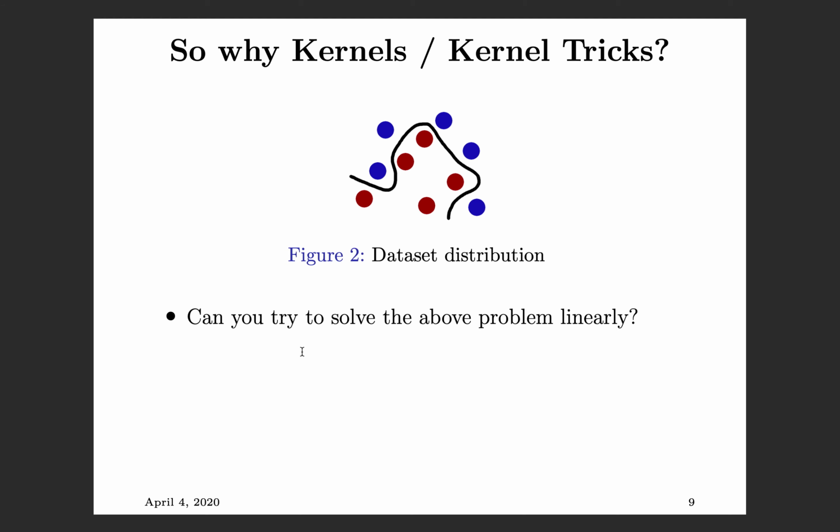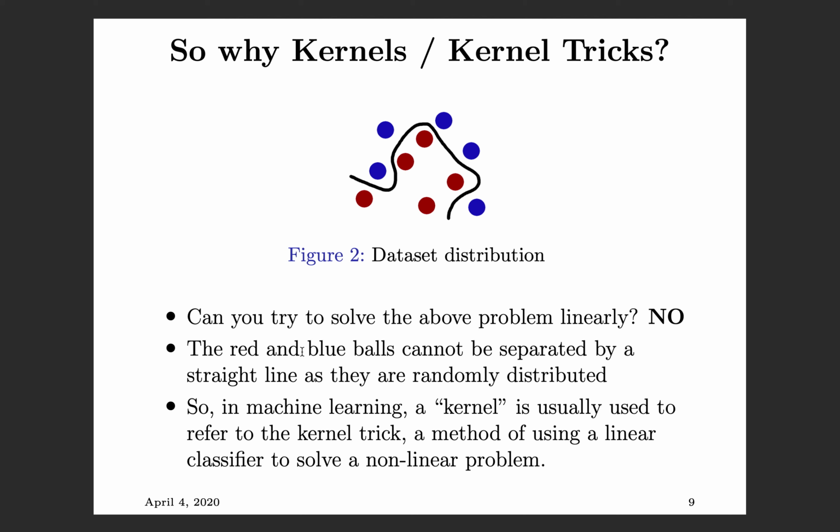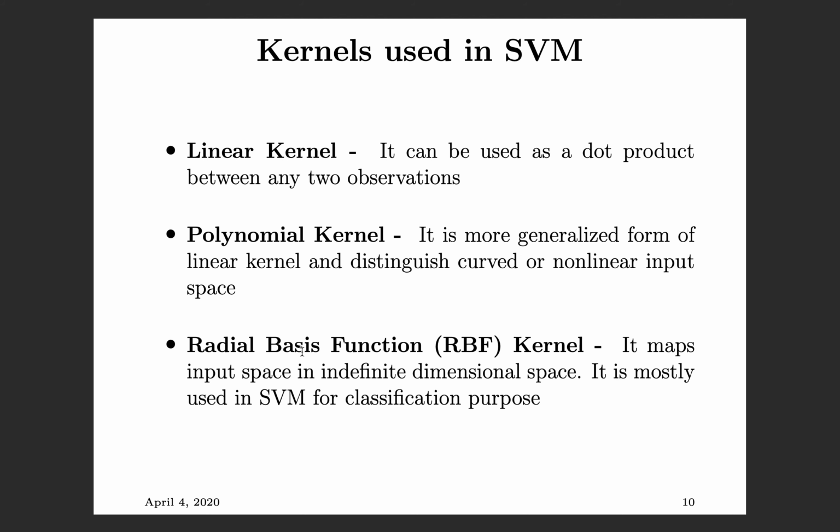We cannot find a linear boundary between them, because the data is randomly distributed. So in machine learning, kernel refers to the kernel trick, a method of using a linear classifier to solve a nonlinear problem. This is a nonlinear problem, so the kernel trick gives us a way to find the boundary for this nonlinear problem in a linear way.